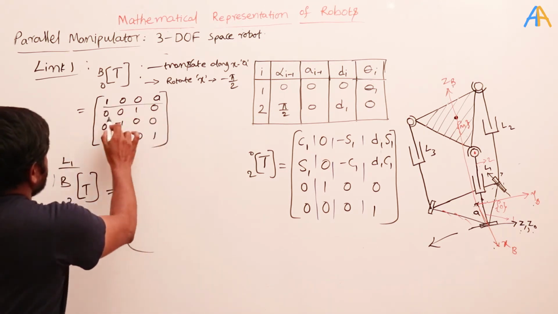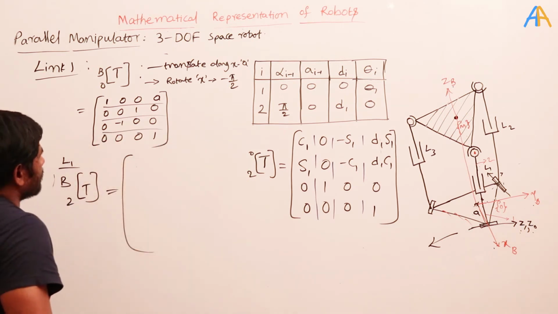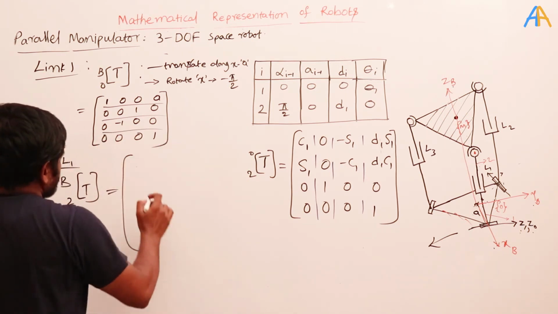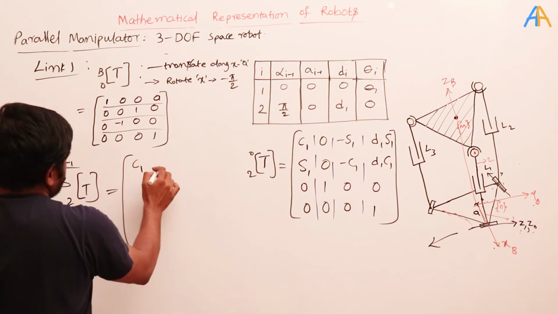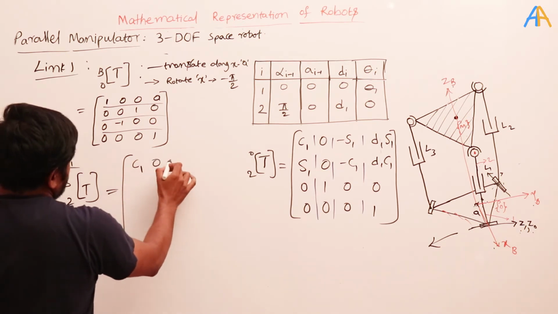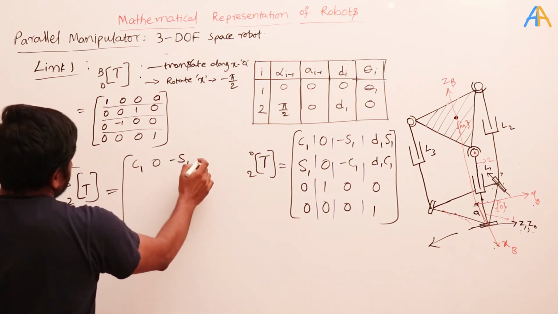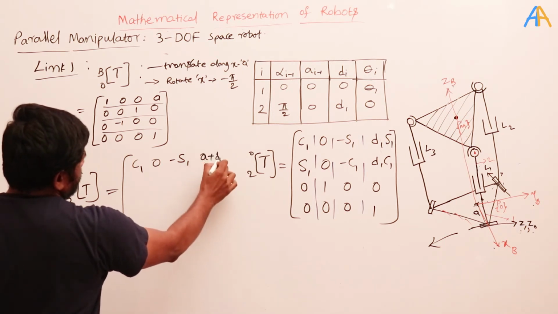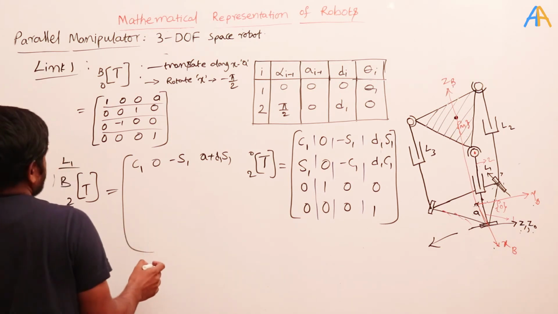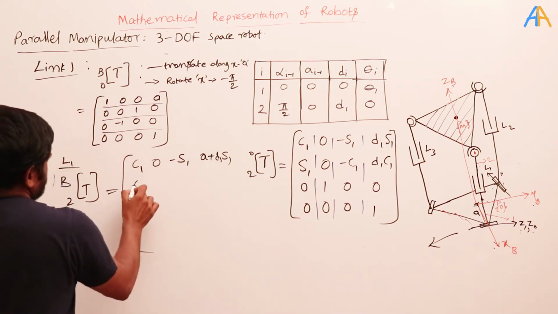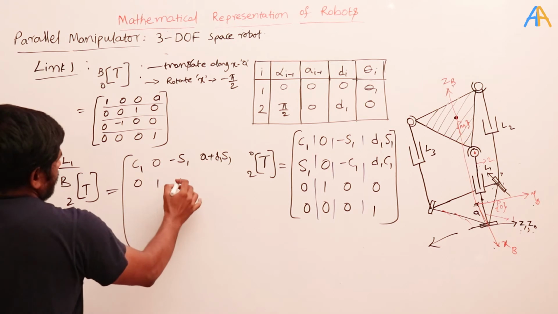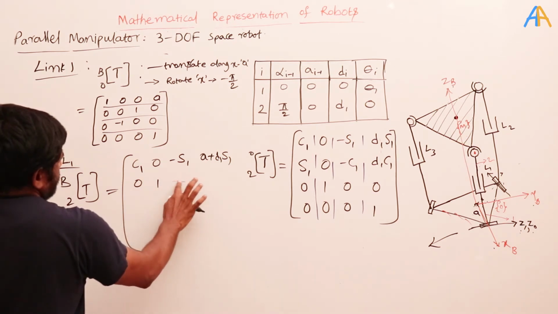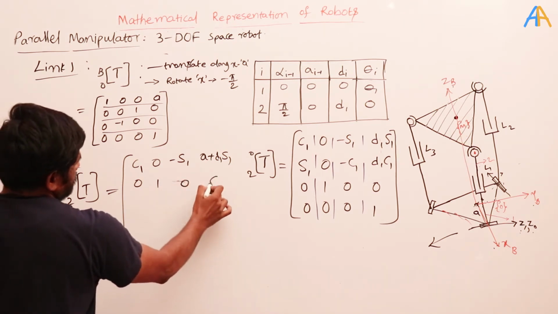If I multiply with this, that is a common matrix for everything, then it will become C1, 0, minus S1, and then plus D1 S1. Okay, and again it is a 0, 1, and my 0, 0.